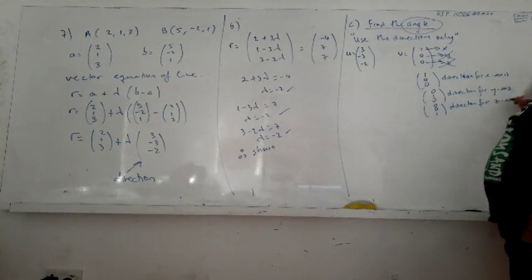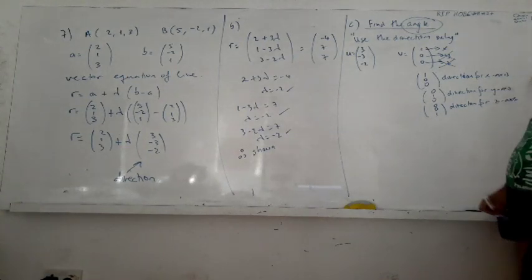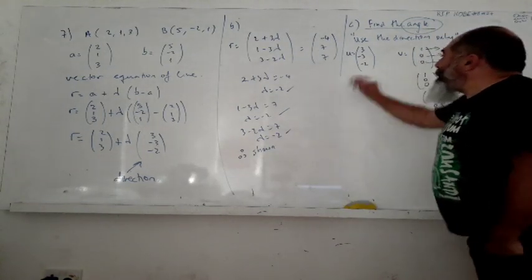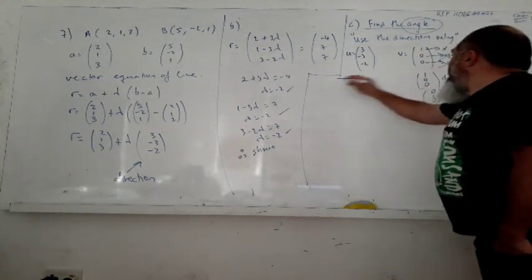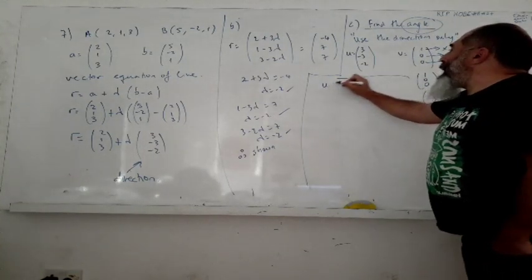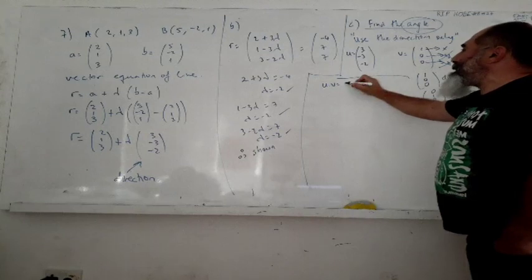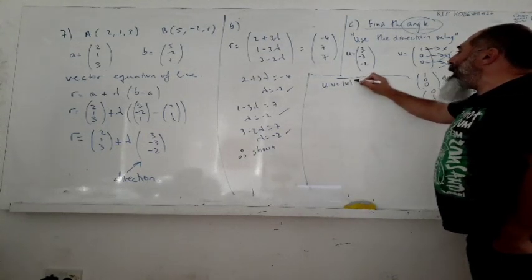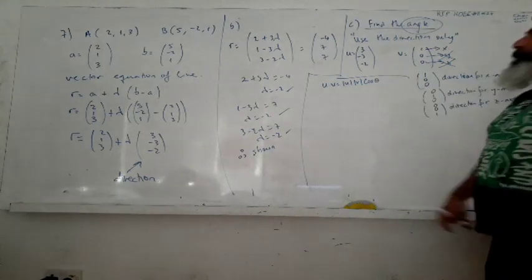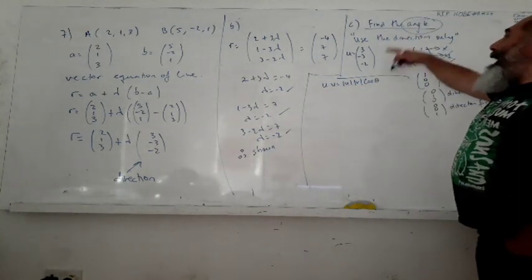So if you want to find the angle, we have to use what? We have to use the cosine rule. So U dot V must be magnitude of U times magnitude of V cosine theta, the angle between the line L and the x-axis.